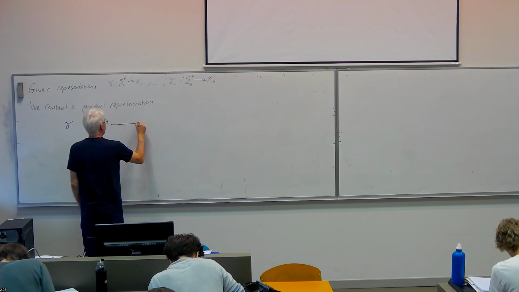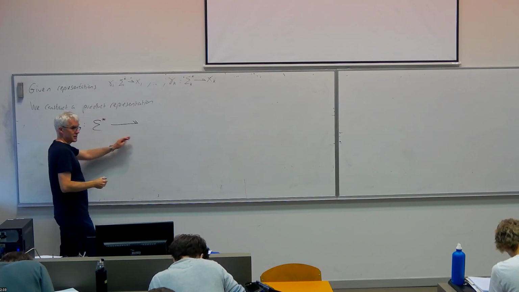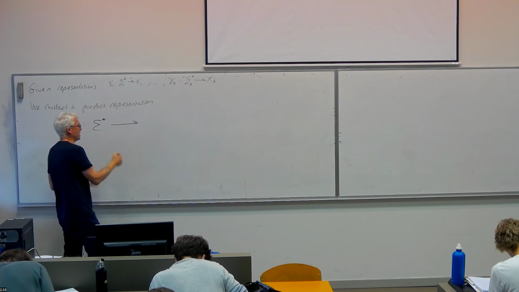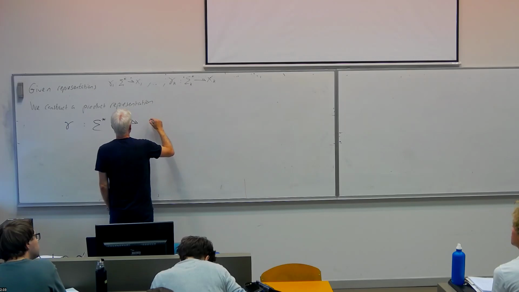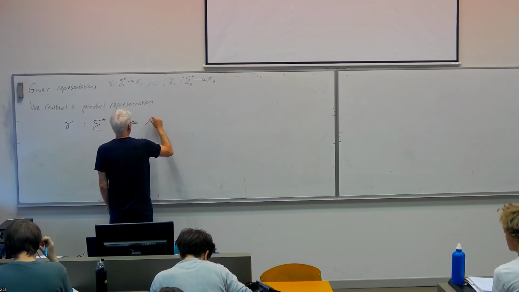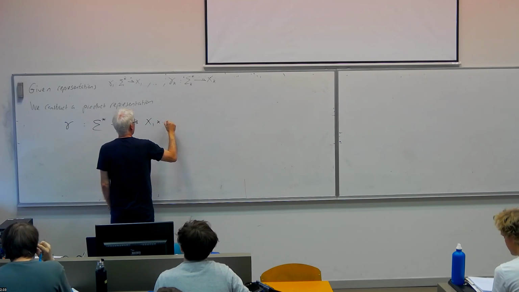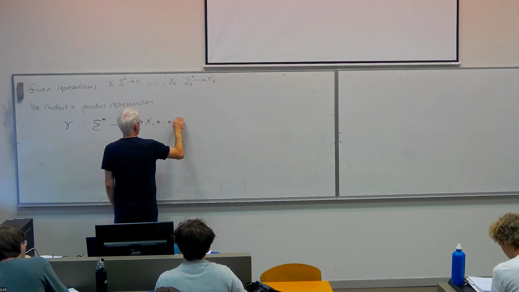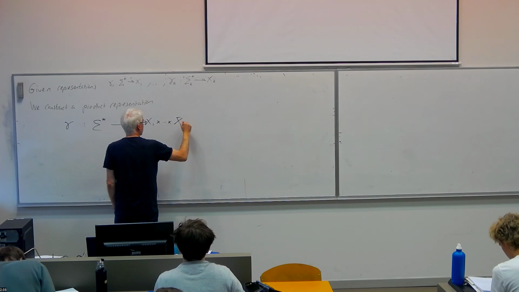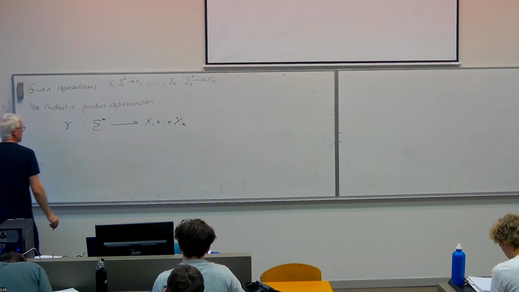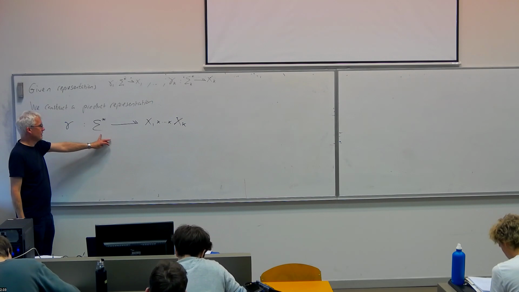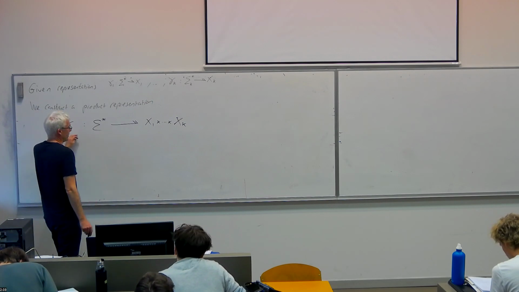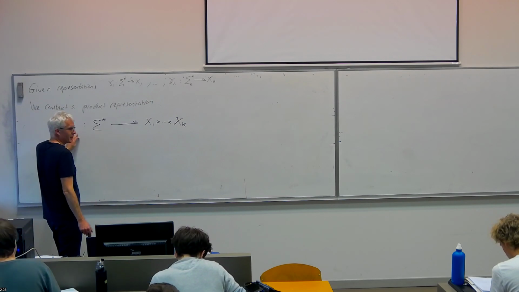And as I said, this is going to be a representation, so it's a surjective partial function from words over sigma to the product set, the k-fold product of those k sets. Okay, so to explain this, I need to say what sigma is, and define what this partial function gamma is.